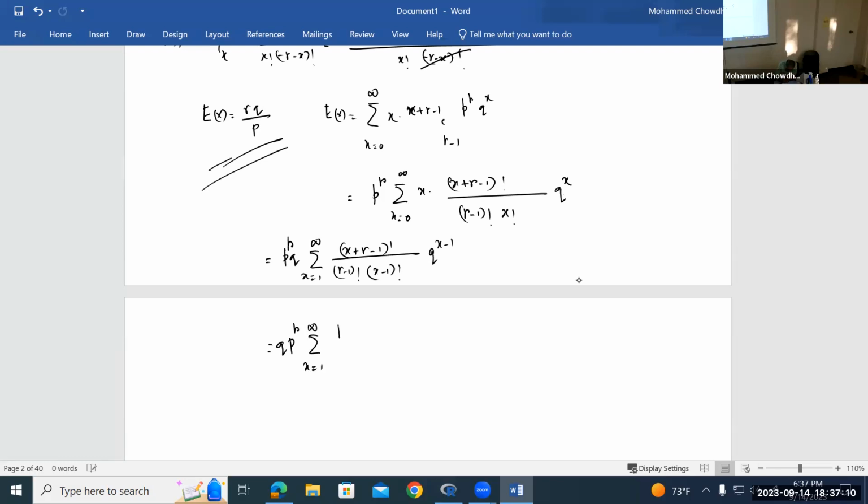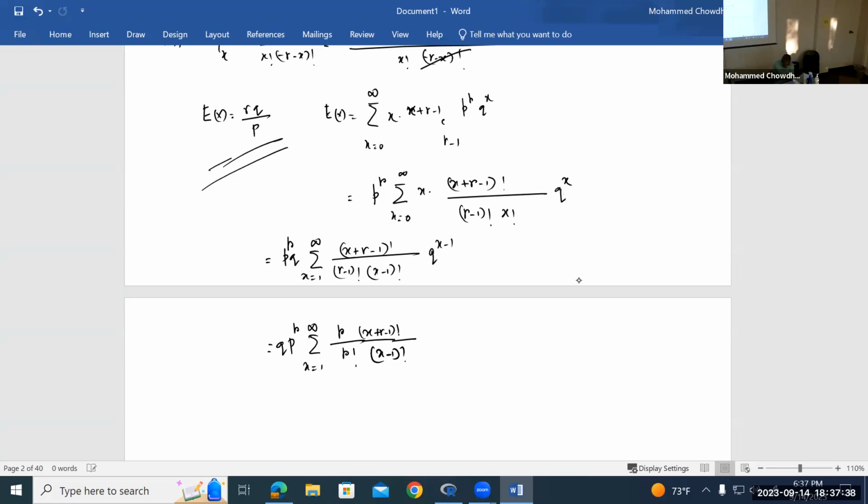I want to put there r, and then I want to put here factorial r. I brought 1 r in there, I increase it by r. Brought 1 r here, I change it to the factorial r, and then I write here x plus r minus 1, and so on. You have a question?